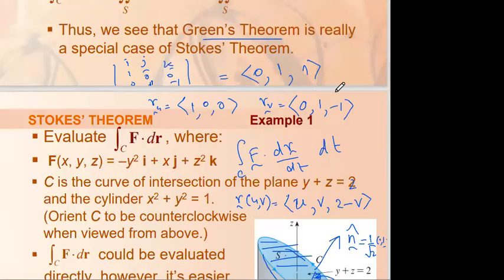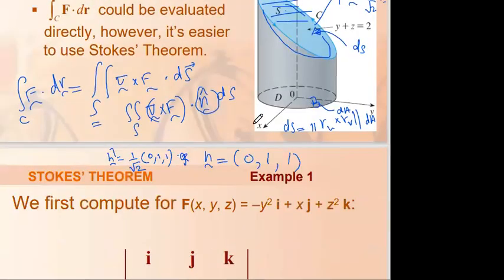This is the conversion: ds is equal to square root 2 dA.